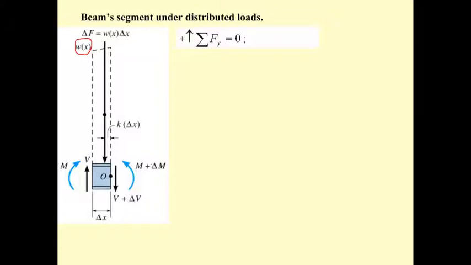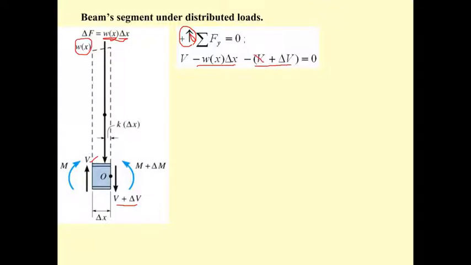If you consider the summation of the forces in the vertical direction equal to 0 and set upward as positive, this V is going to be positive, and this V plus delta V is going to be negative, and the resultant of the distributed load is also going to be negative. So we get the equation V minus the resultant of the distributed load minus (V plus delta V).